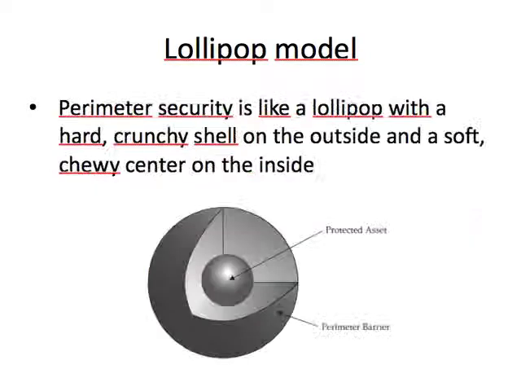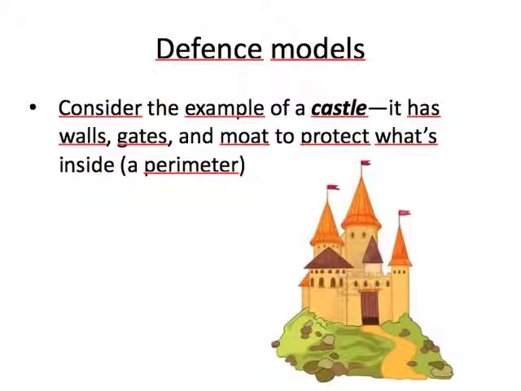The idea is that perimeter security is like a lollipop with a hard, crunchy shell on the outside and something soft and chewy on the inside. And it's this soft and chewy bit on the inside that we want to protect. So consider the castle again, because it has walls, gates, moats, and so on to protect what's inside.